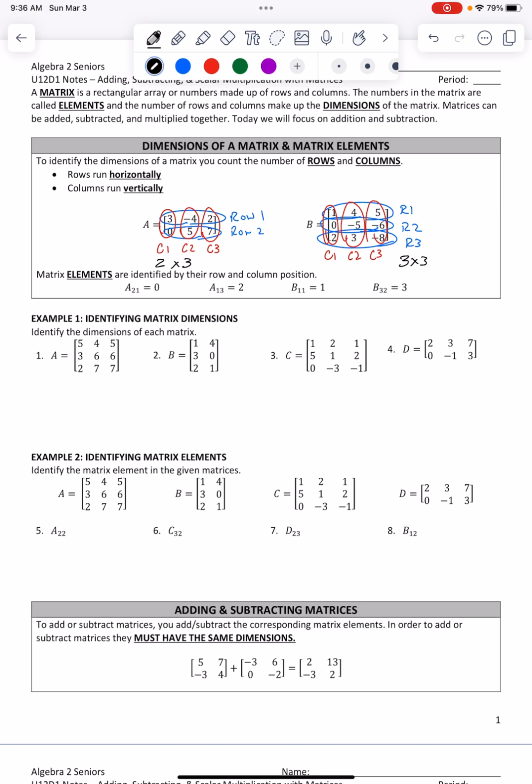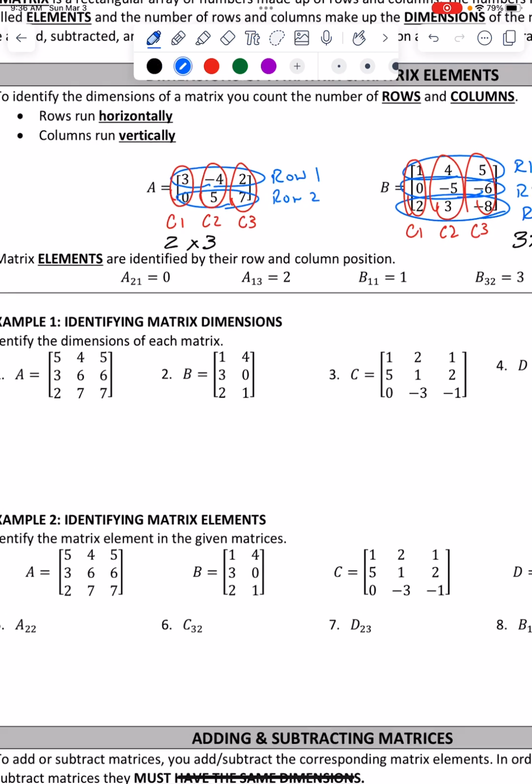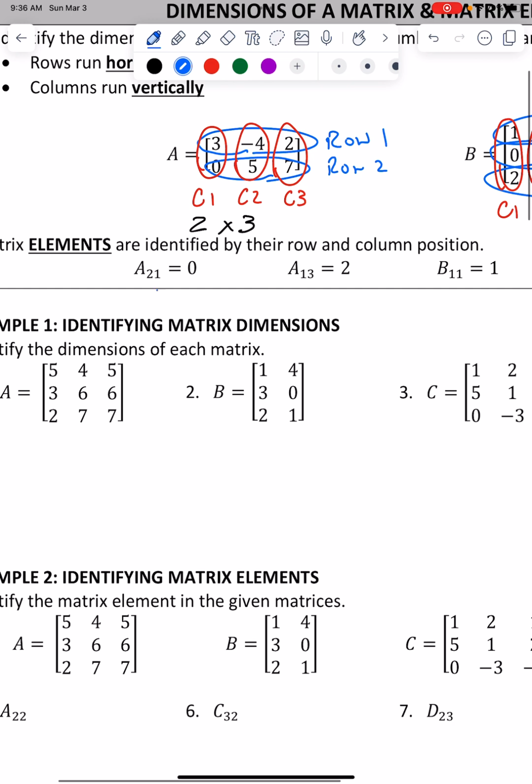And then matrix elements are identified by their row and column position. So like element A21 means that in matrix A, we're looking at row 2, column 1.